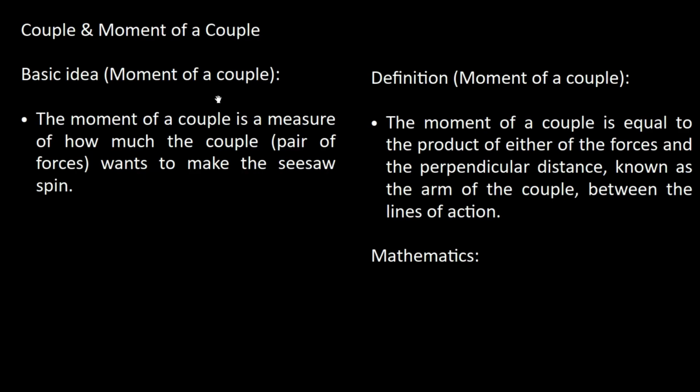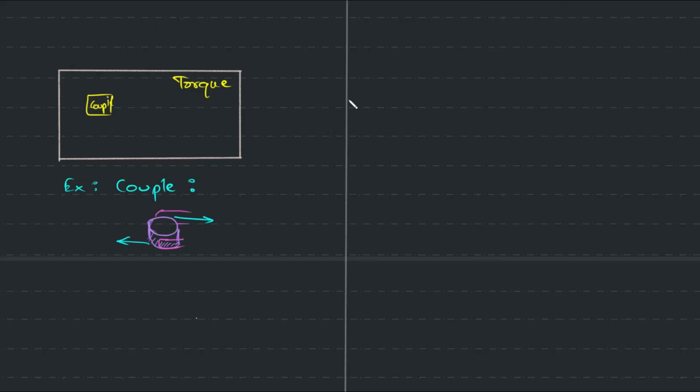Then moment of a couple. Mathematically, the force into the displacement part, the perpendicular distance, will come into the picture. That's it. Moment of a couple is equal to the product of either of the forces and the perpendicular distance between the lines of action, known as the arm of the couple.